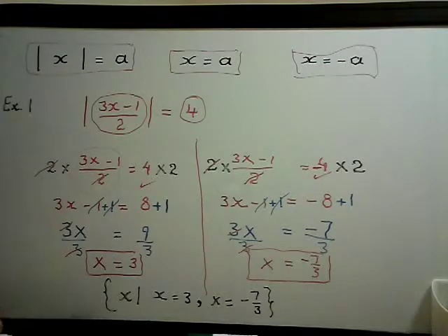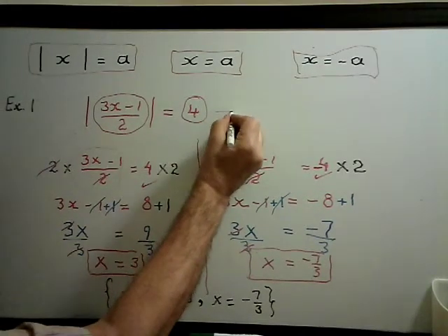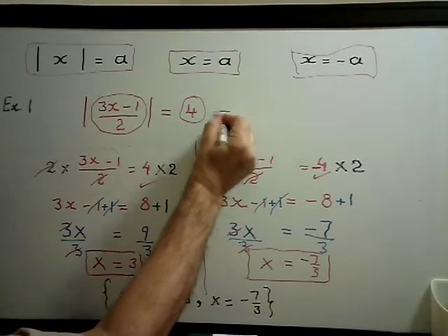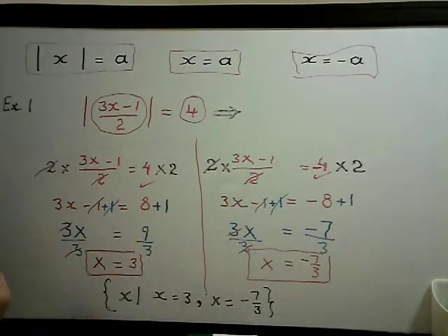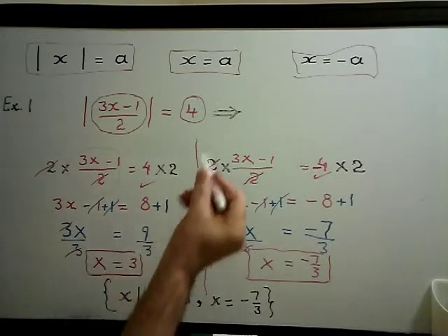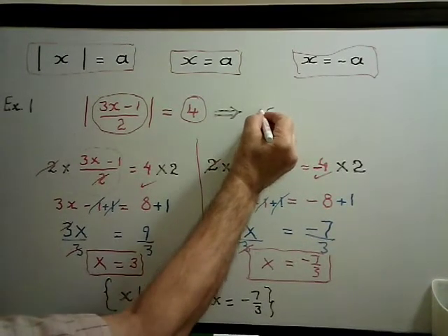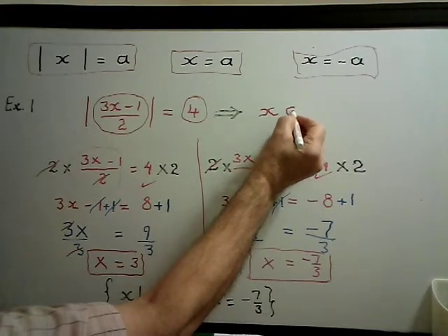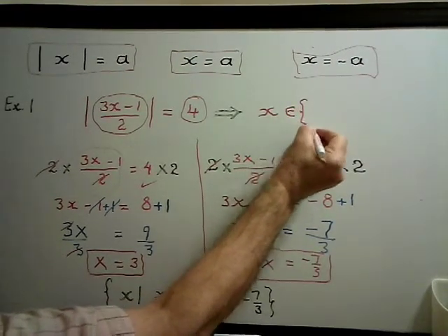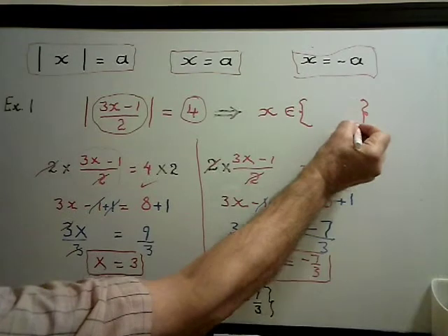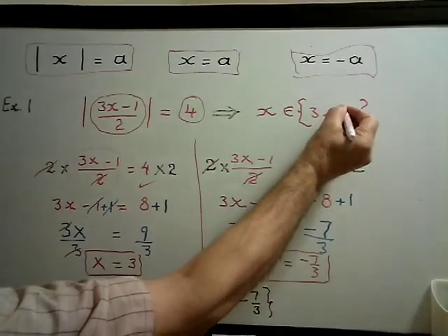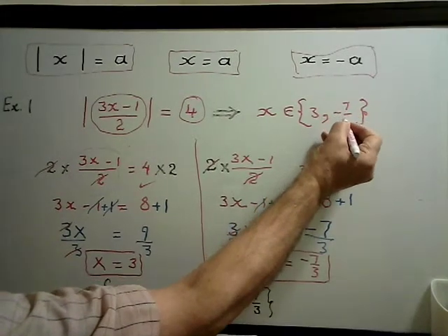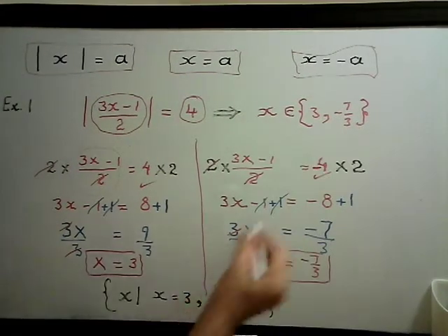This is the solution. We can write here the answer. The answer is x belongs to the set 3 and negative 7 over 3. And that's it.